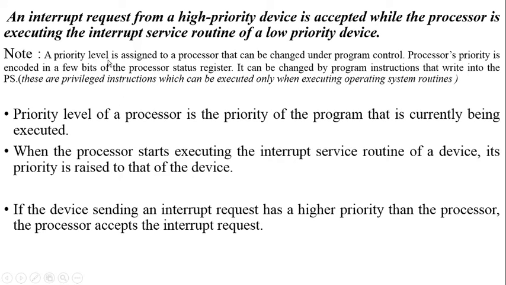So we have a note here. A priority level is assigned to the processor that can be changed under program control. The processor's priority is encoded in a few bits of the processor status register. It can be changed by program instructions that write into the processor status register. These are privileged instructions which can be executed only when executing operating system routines.